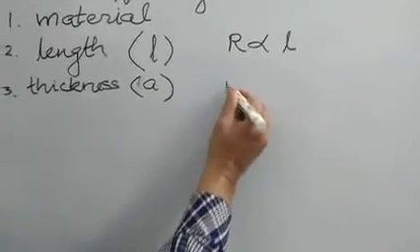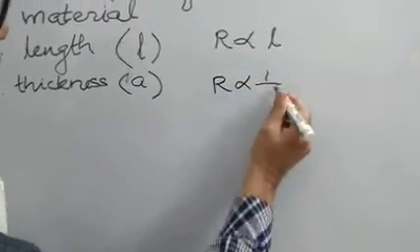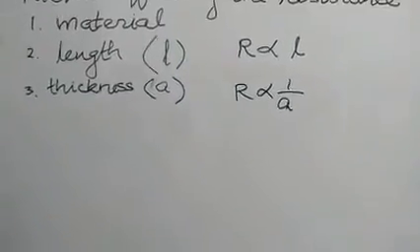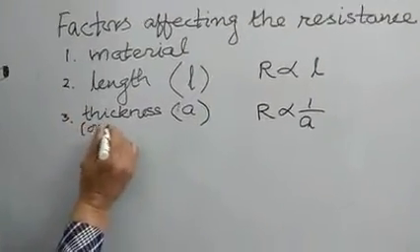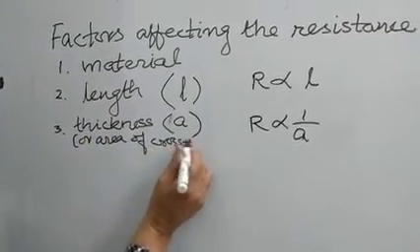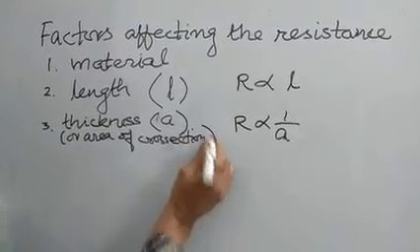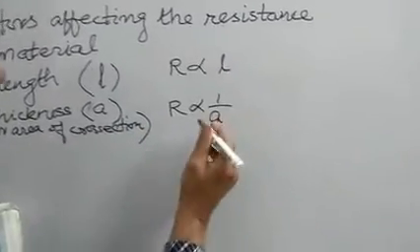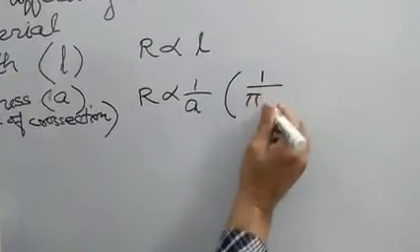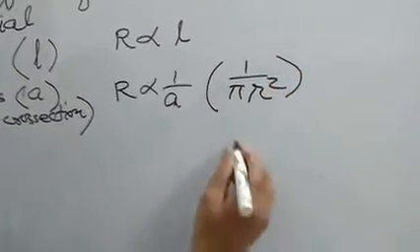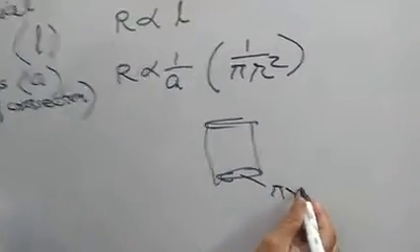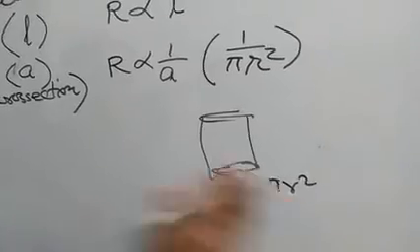That means R is inversely proportional to the area of cross section. So you can write R proportional to 1 upon area of cross section, or if it is a cylindrical wire, 1 upon pi r square, because you know the area of the base of a cylinder is pi r square, that you know already from geometry.